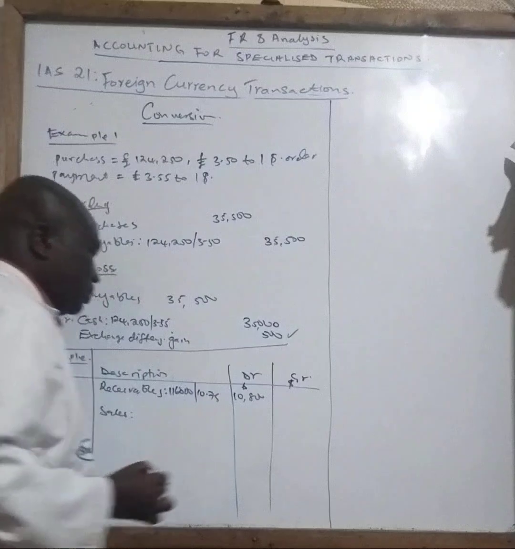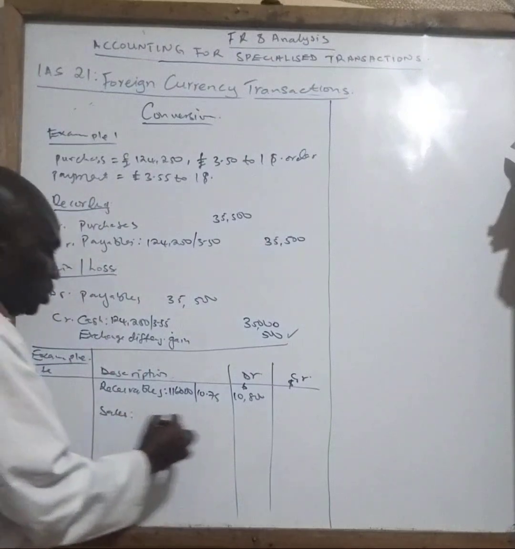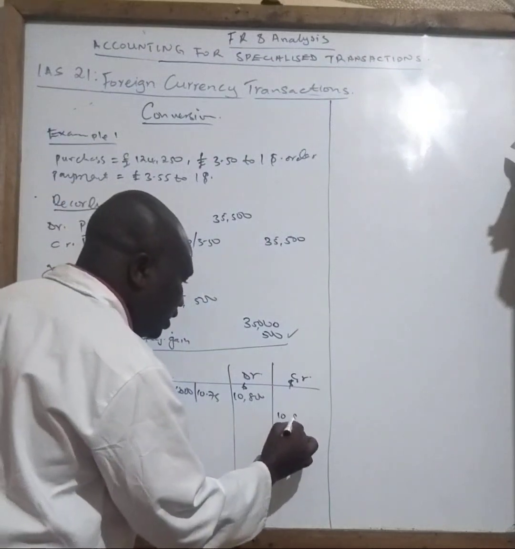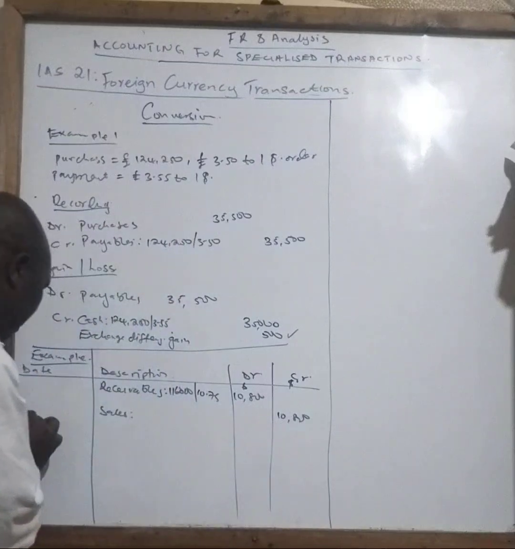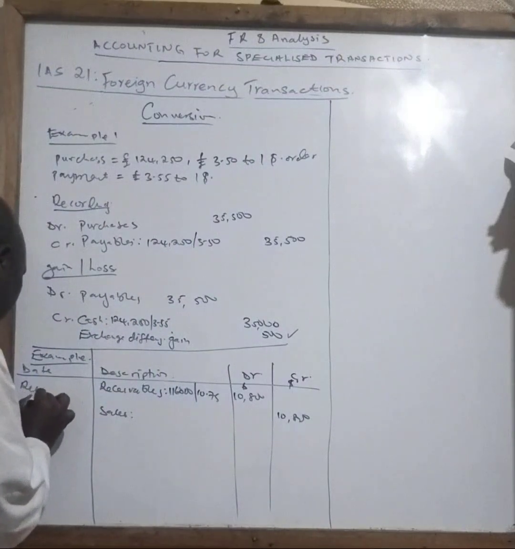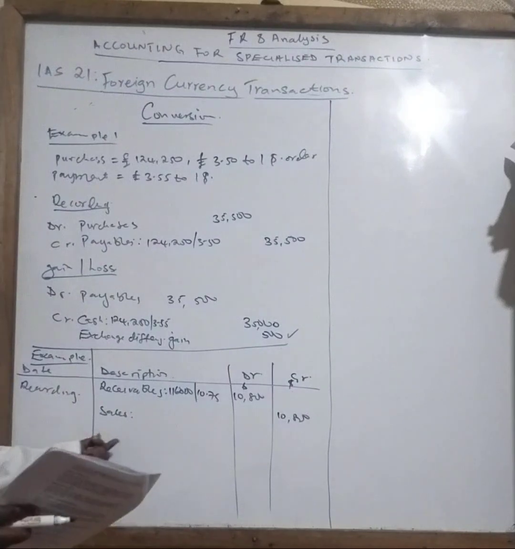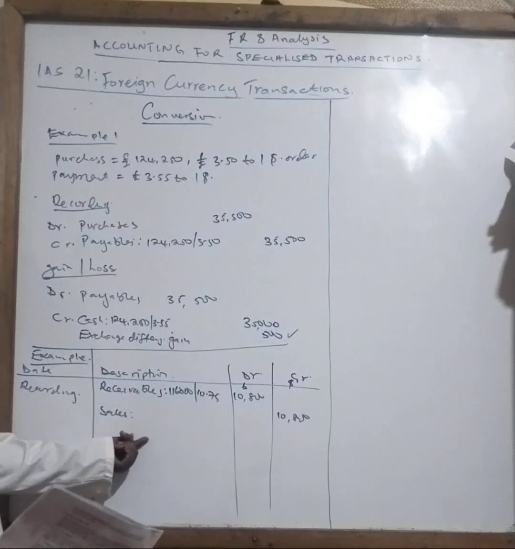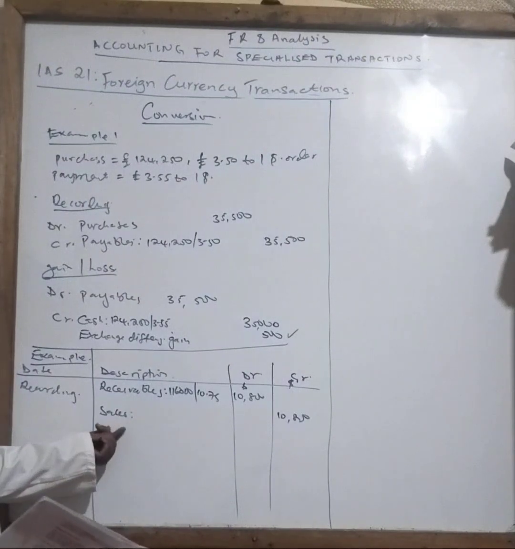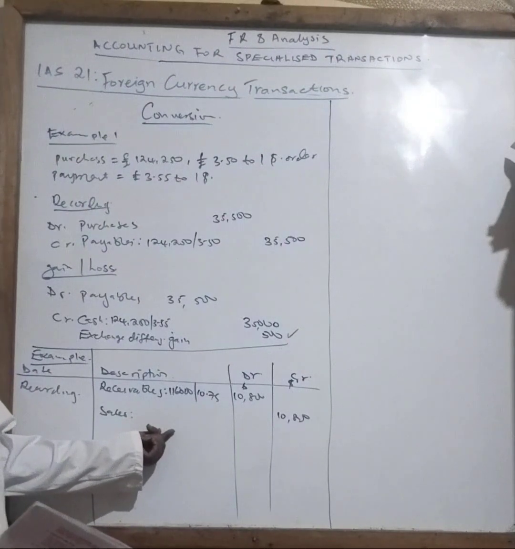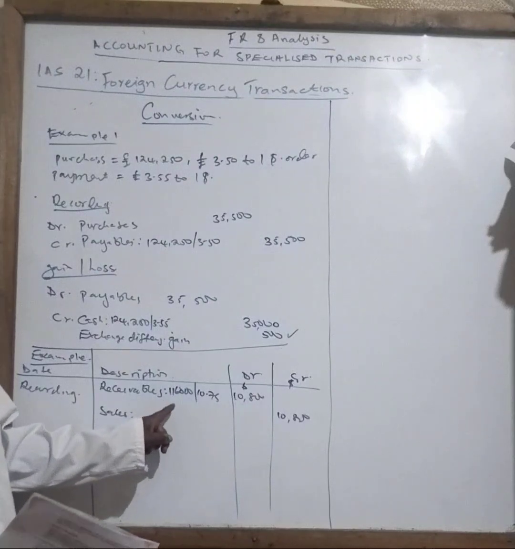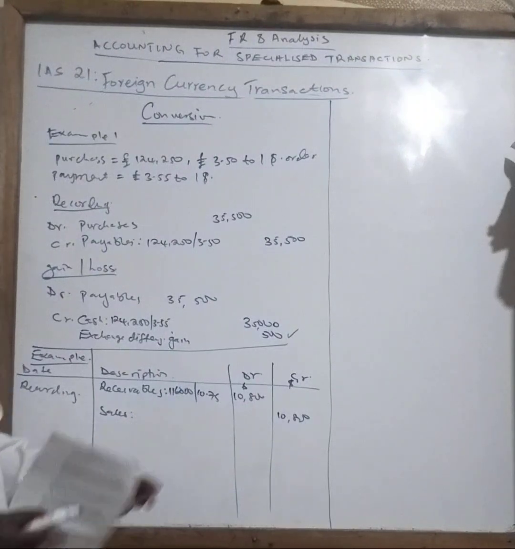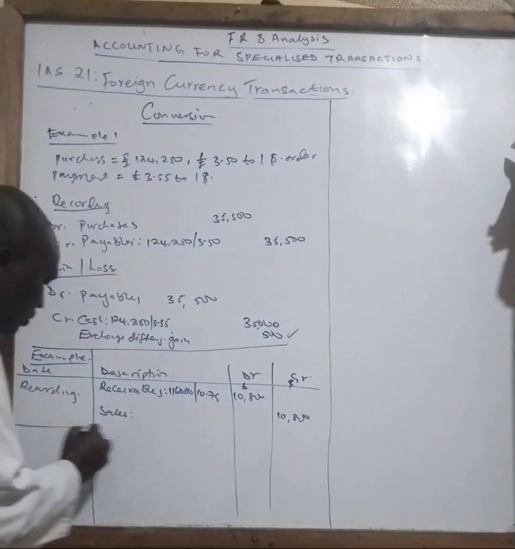Now sales will also be the same, 10,800. This is recording. So narrative. What is the narration here? Being the sale of goods on credit using Chinese yuan. That is your narration.